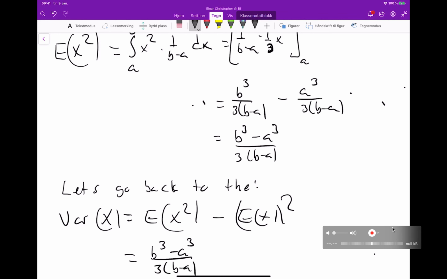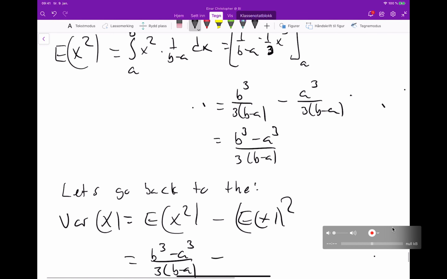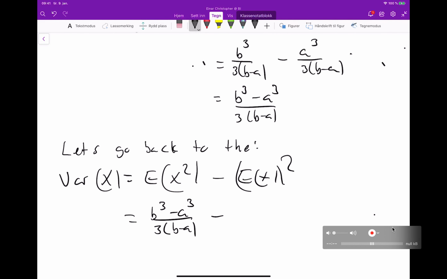And then we remember that the expectation of x is b plus a divided on 2, b plus a divided on 2. And that shall be in power of 2.